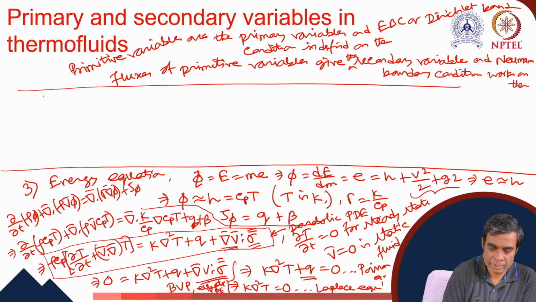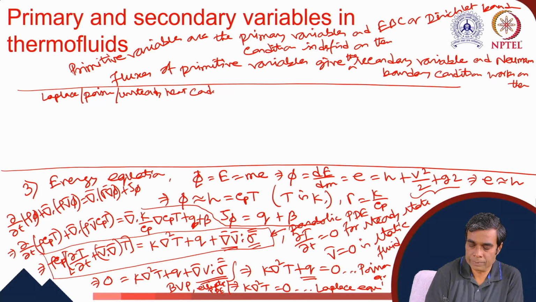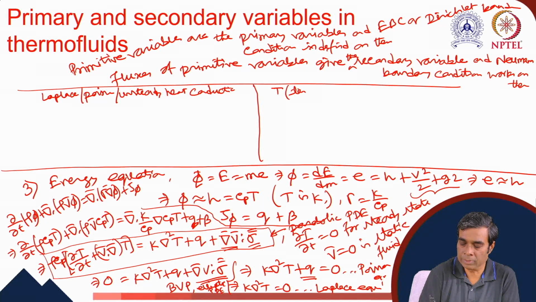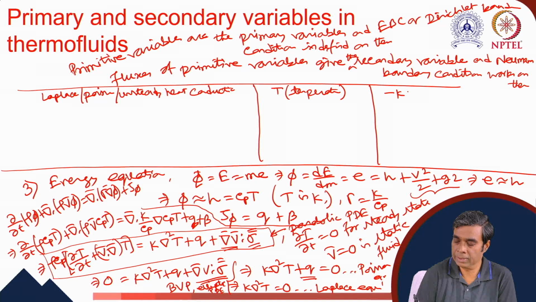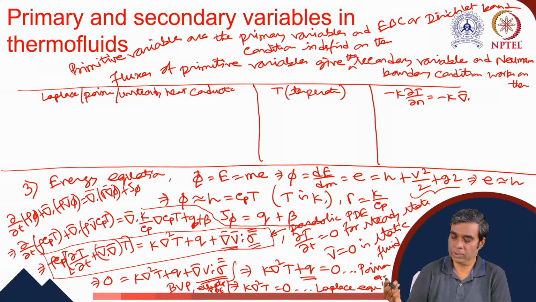First is Laplace, Poisson, or unsteady heat conduction. The primary variable is T for temperature, and the secondary variable is minus k del T del n, which is minus k into n cap dot del T. Del n is the directional derivative I mentioned in the previous class.